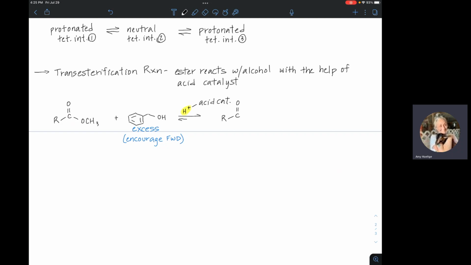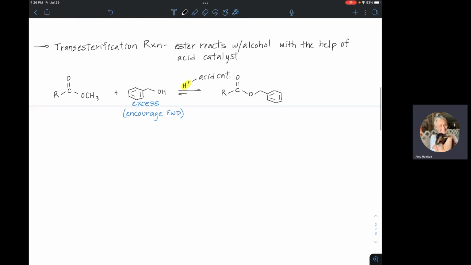After all those same steps that we just went through, we'll have our carbonyl. And now we have a different alkyl group attached to the carbonyl, thanks to the other alcohol that we just used, our nucleophile. So instead of breaking down the ester using water, we're going to break down that ester using an alcohol just to make another type of ester.